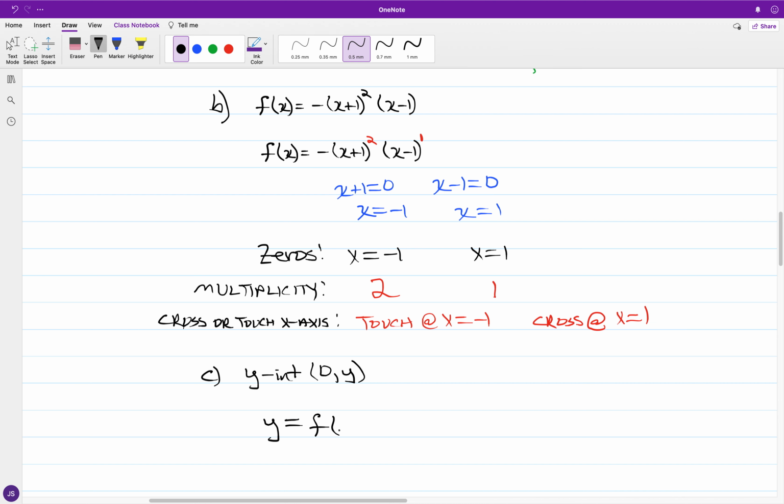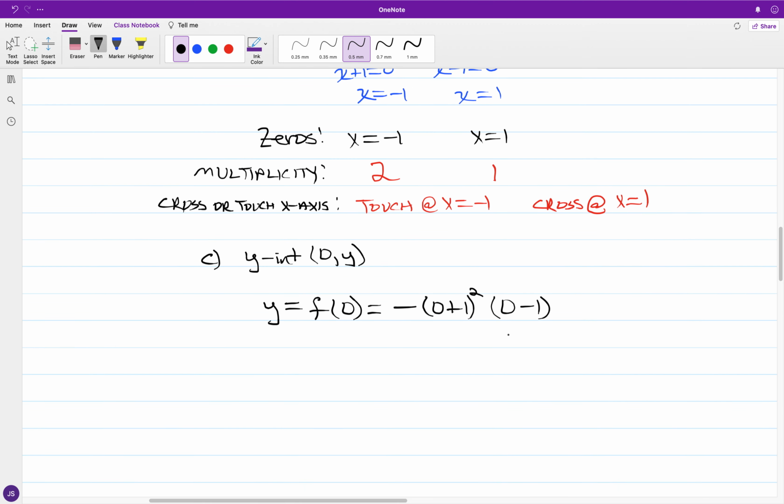So setting x to 0, you have y is equal to f of 0. So we have the negative of the square of 0 plus 1, times the quantity of 0 minus 1. I'll just work down here. You've got the negative sign again.